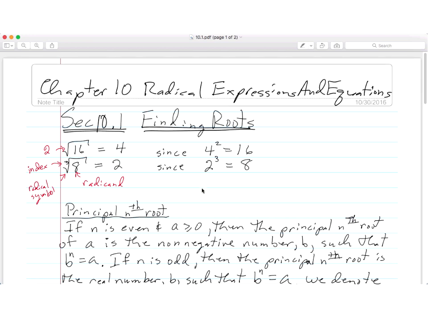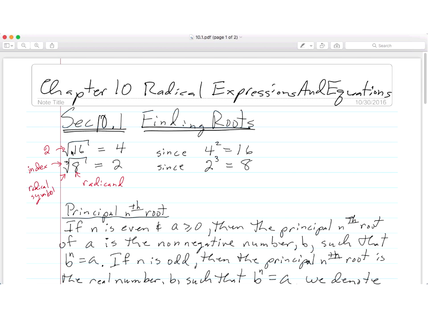Okay, so let me give you the concept of a principal nth root. If n is even, and if a is greater than or equal to 0, then the principal nth root of a is the non-negative number b, so b is greater than or equal to 0, such that b to the n is a, such as what we've done above.